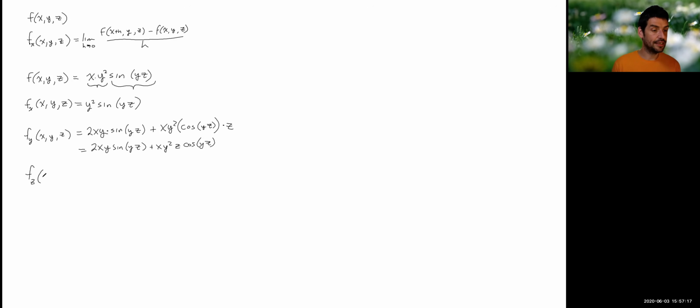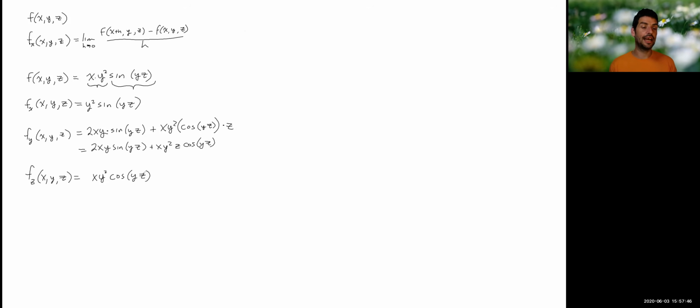And then finally, the derivative in the z direction. Well, we've got nothing with z out here, and all we have is z in here. So everything we're looking at is a constant, but that z. So I'm going to get xy squared cosine. I'm taking the derivative: the xy squared are like a constant times sine, and this would just stay while I take the derivative of sine.